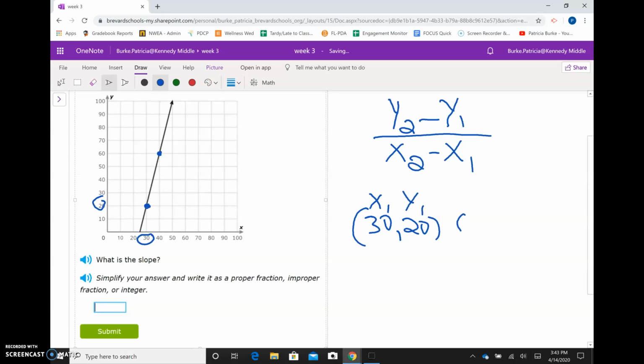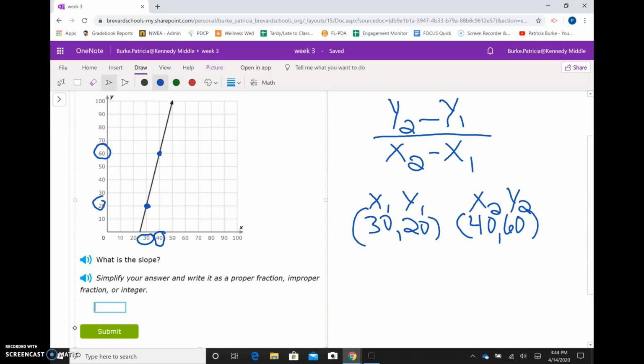Now point 2, we have 40 and we have 60. So our x is 40 and our y is 60. That is x2 and y2.